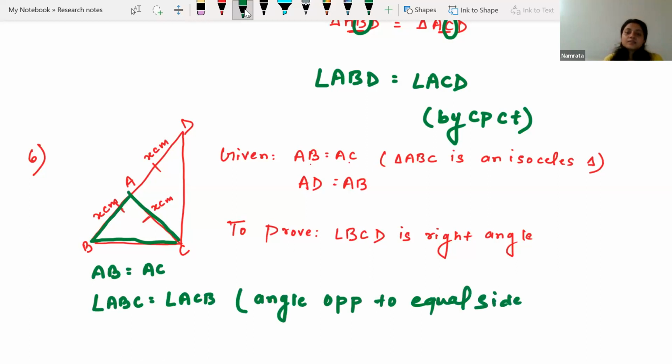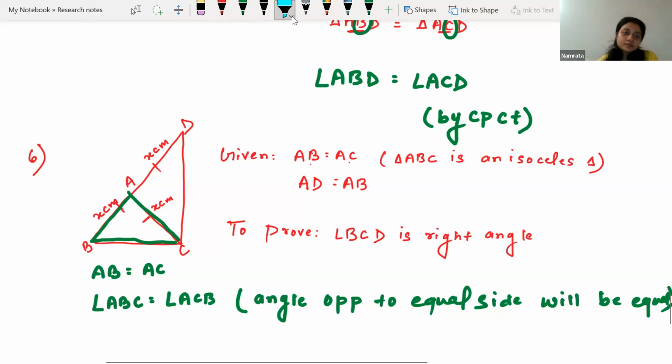Can I say this? Yes, we can say. That's what the property of the isosceles triangle says: if two sides are the same, the opposite angles will be the same. If two angles are the same, the sides opposite to those angles will be the same, right? So we can say that. What about this other triangle?